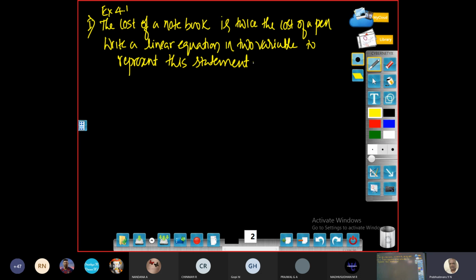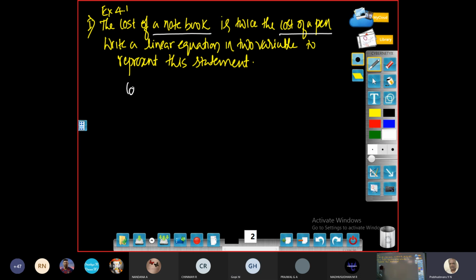So now there are two quantities here. Observe this question: the cost of a notebook is not known, and the cost of a pen is also not known to you. But there is a relation between these two.